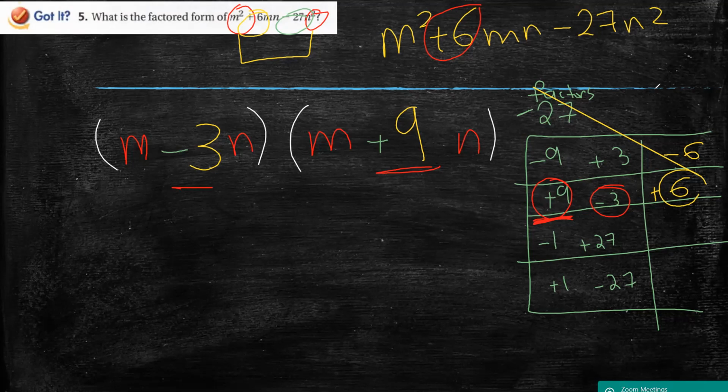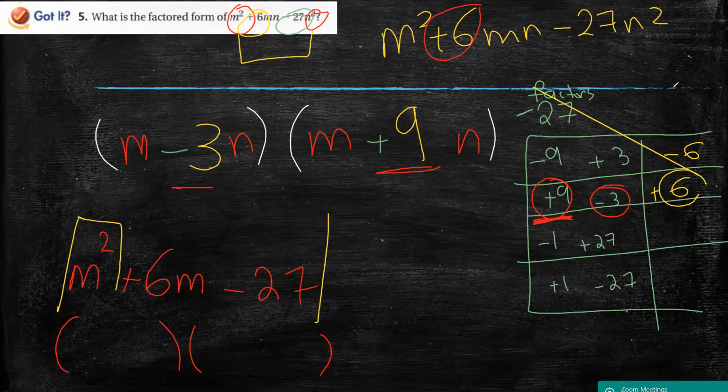Okay, so if you have now, for example, m squared plus 6m minus 27, here we have only one variable, which is m. I must look at the beginning and at the end.